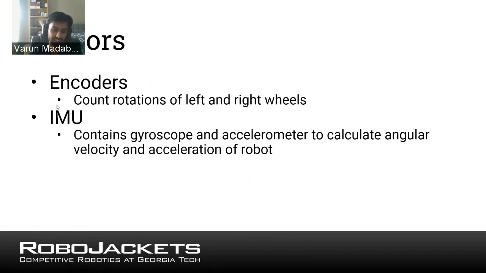And in FRC, there are some pretty common ones that are plug and play, such as the Talon SRX encoders or the AndyMark encoders that come built into the kit of parts chassis. And then AndyMark and Cross the Road Electronics both sell their own IMUs, like the NavX. With the encoders, you can measure the speed and the rotations of the wheels, and with the IMU, you can measure the rotations of the robot as a whole.